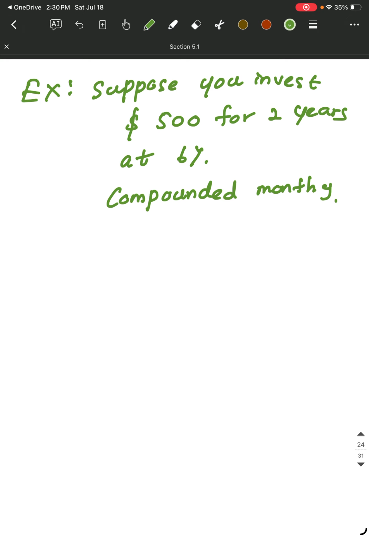The key idea to remember is this: the simple interest is calculated only on the original principal amount, and the compound interest is calculated on both the principal and previously earned interest.